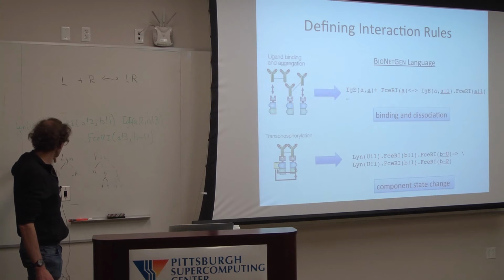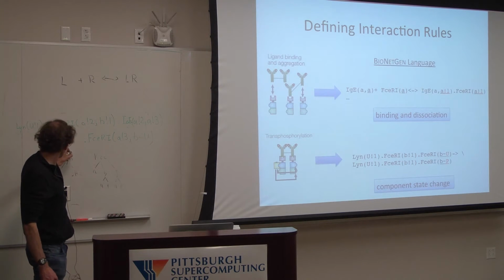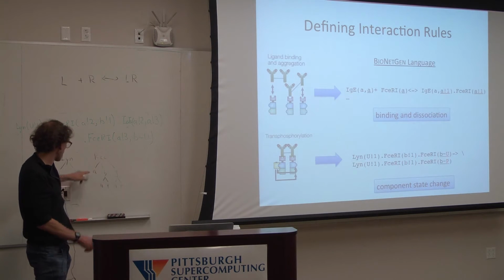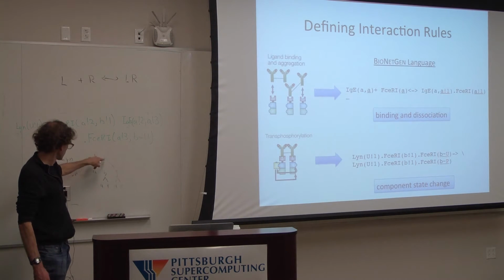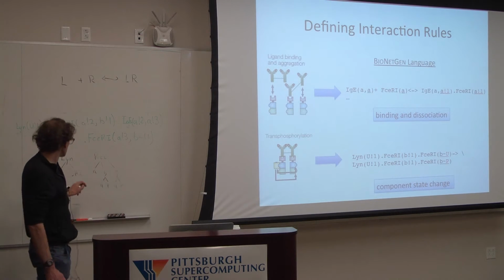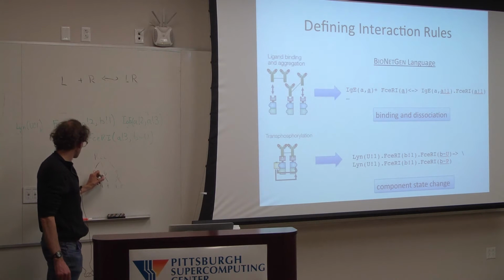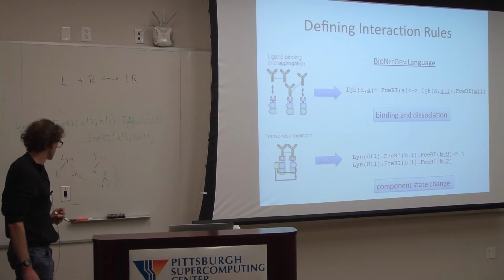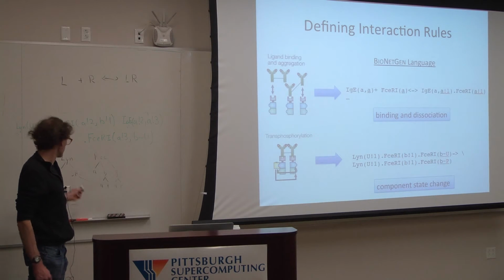So these trees represent the sort of overall nodes on the graph, all the possible states of Lyn and receptor. And I'll leave it there. And then you can represent a complex as this graph with a hyperedge between these two components.